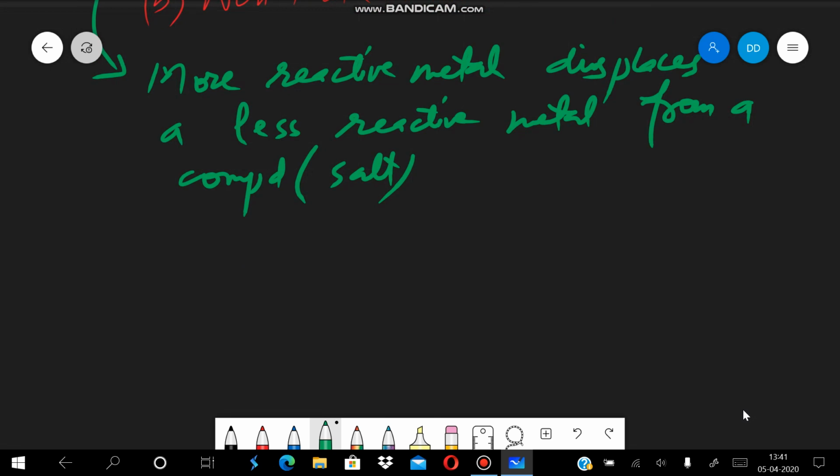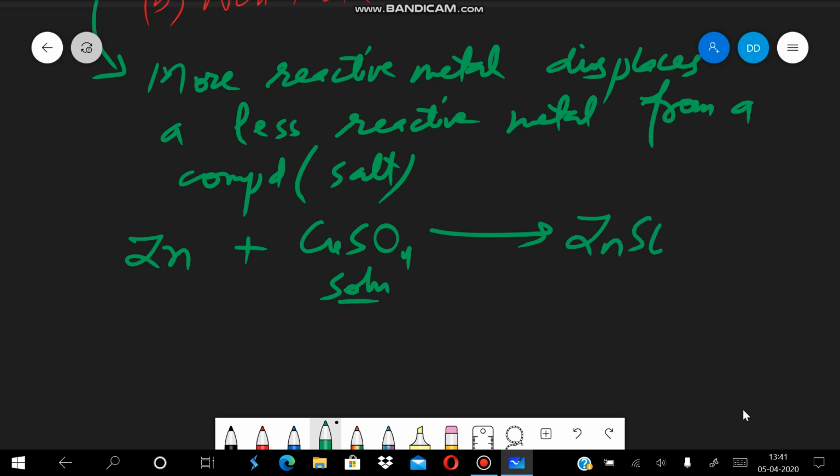For example, if copper sulfate solution is treated with a zinc metal, we get zinc sulfate and copper as the product.